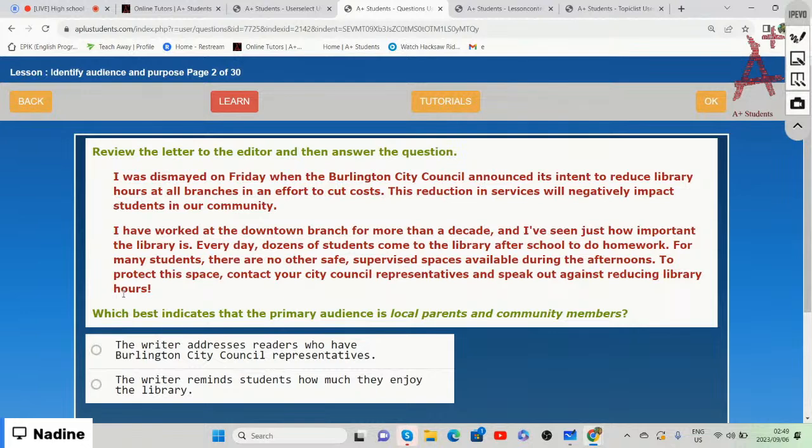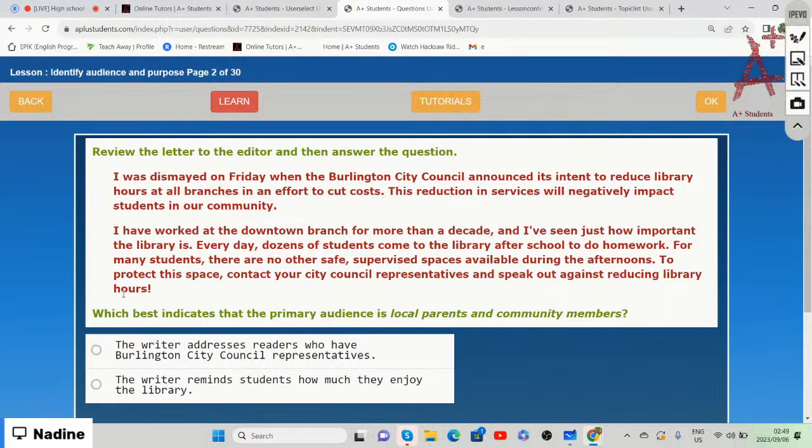Is it the writer addresses readers who have Burlington City Council representatives, or the writer reminds students how much they enjoy the library?